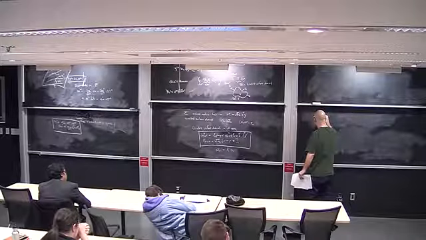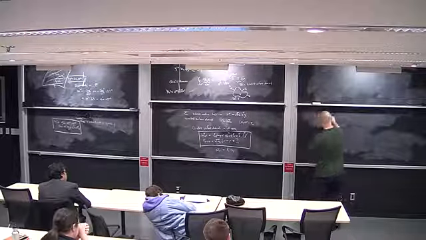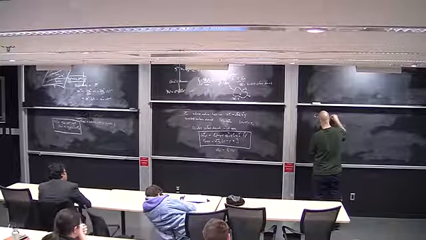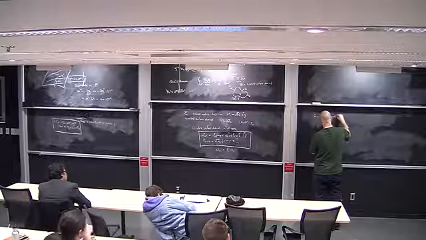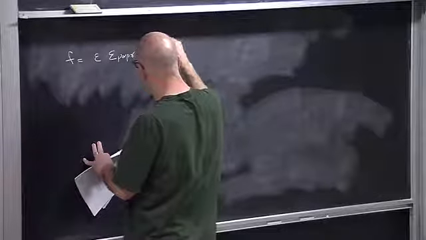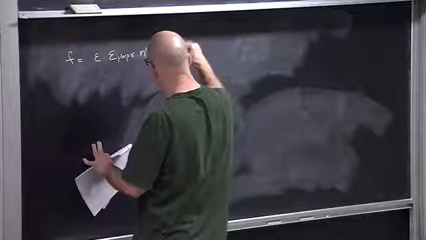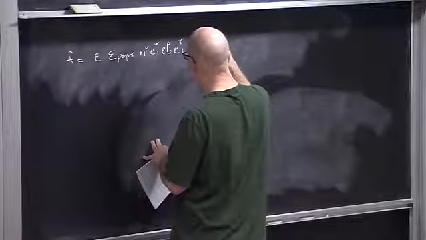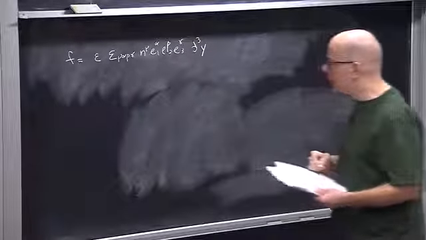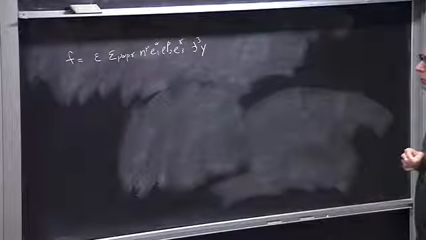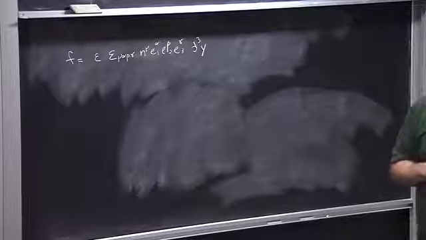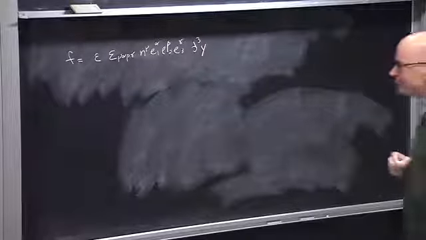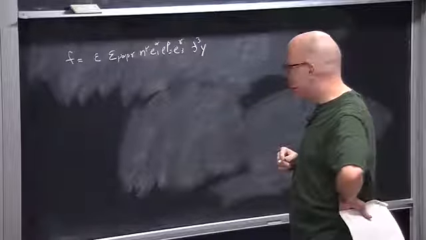So f is epsilon times the other epsilon, the permutation symbol, that multiplies d3y. It's the same thing, right? It's plus or minus 1, so it doesn't really matter.